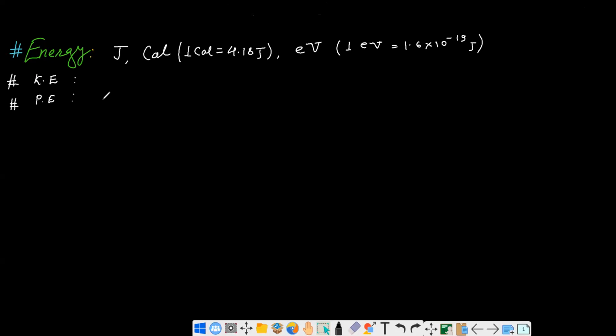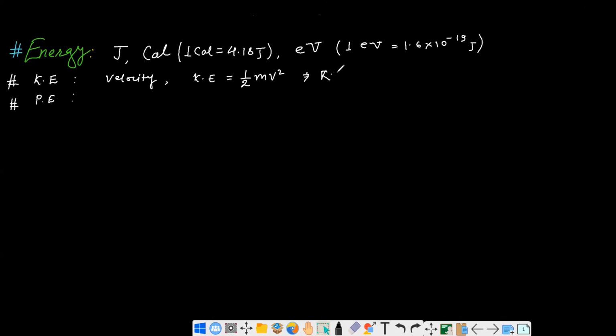Okay, so kinetic energy basically depends upon the velocity. And you know well kinetic energy is related with mass and velocity as half mv squared. As we have seen here, velocity is squared. That's why we can expect that kinetic energy is never negative.